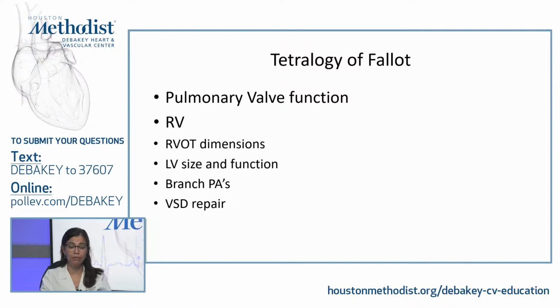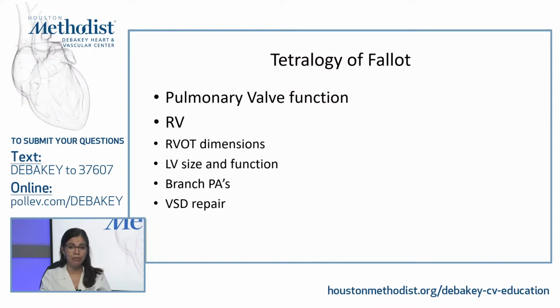I usually perform a stack across the RVOT, and we measure the RVOT in systole and diastole. We also provide the measurements of the narrowest area of the RVOT, which could be a potential landing zone for percutaneous pulmonary valves.